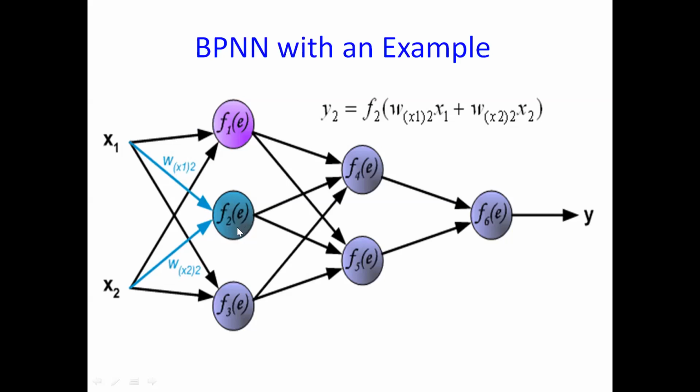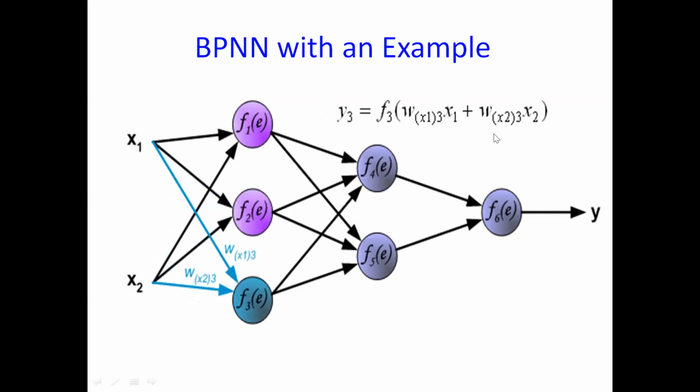So we can expect an output y2 equal to f2 of WX12 multiplied by x1 and WX22, obviously the targeting neuron is 2, multiplied by x2. In this fashion, we can compute the output from each and every neuron.